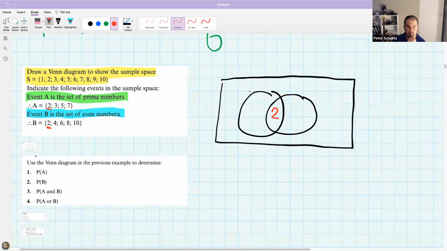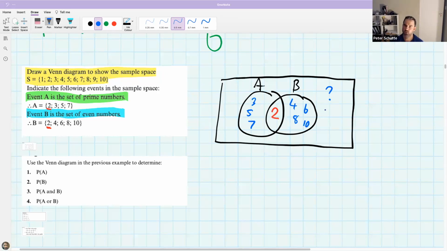Now, if I should label this A and that B, so that would be 3, 5, and 7. And this would be 4, 6, 8, 10. So I think I'm seeing quite a few dones coming through in the chat.